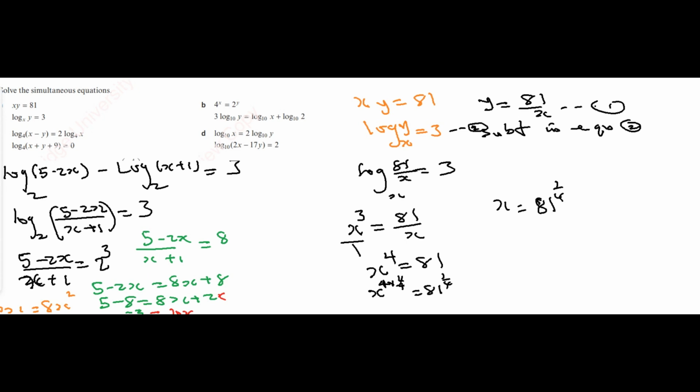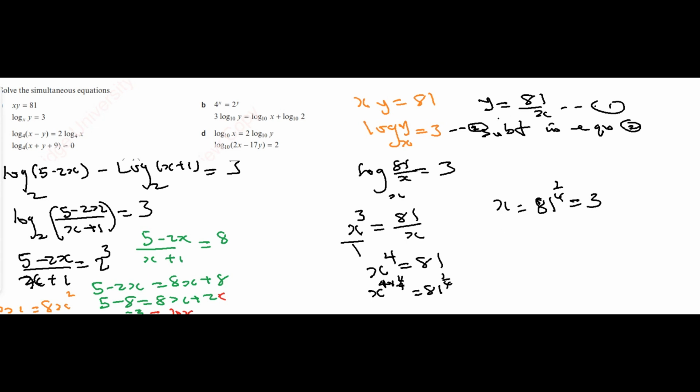Let me just put brackets. I'm trying to type that out on my calculator. Okay, and that will give us 3. I just want you to be sure. So x is equal to 81 raised to power 1 over 4, that's 3.